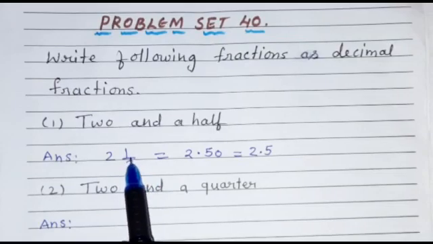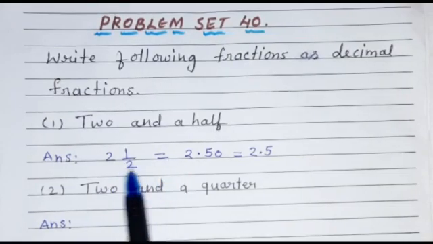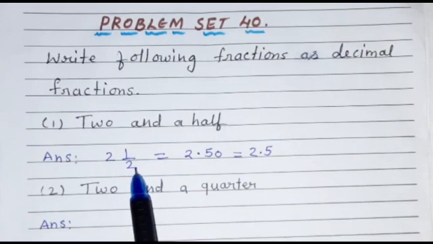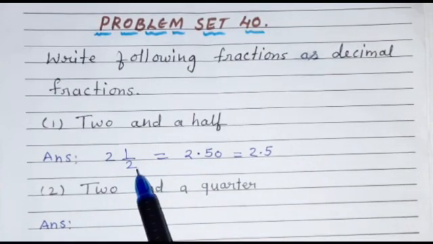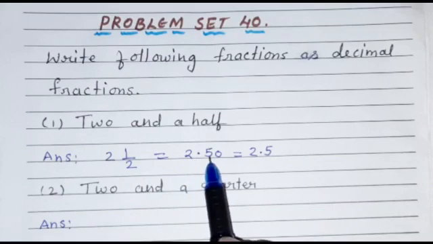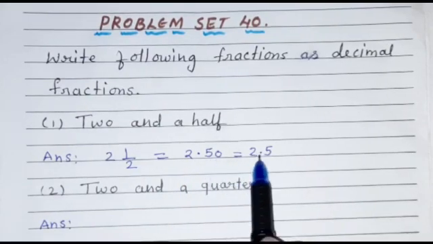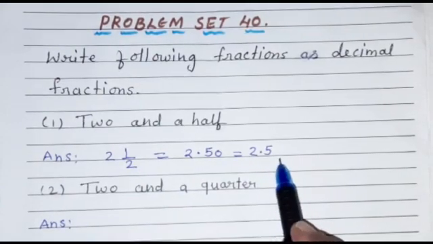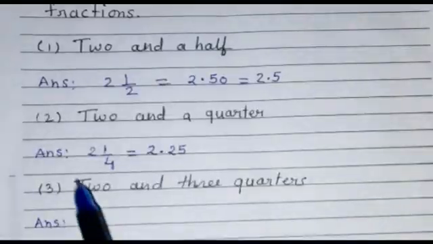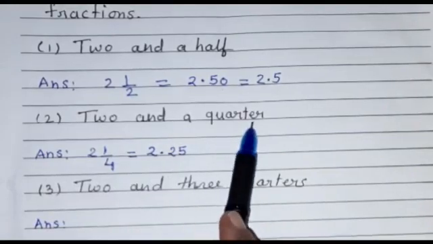So 2 and 1 upon 2 is equal to 2 as it is, and 1 upon 2 means 0.50. So 2 and 1 upon 2 is equal to 2.50, and 2.50 is equal to 2.5. So the answer is 2.5.